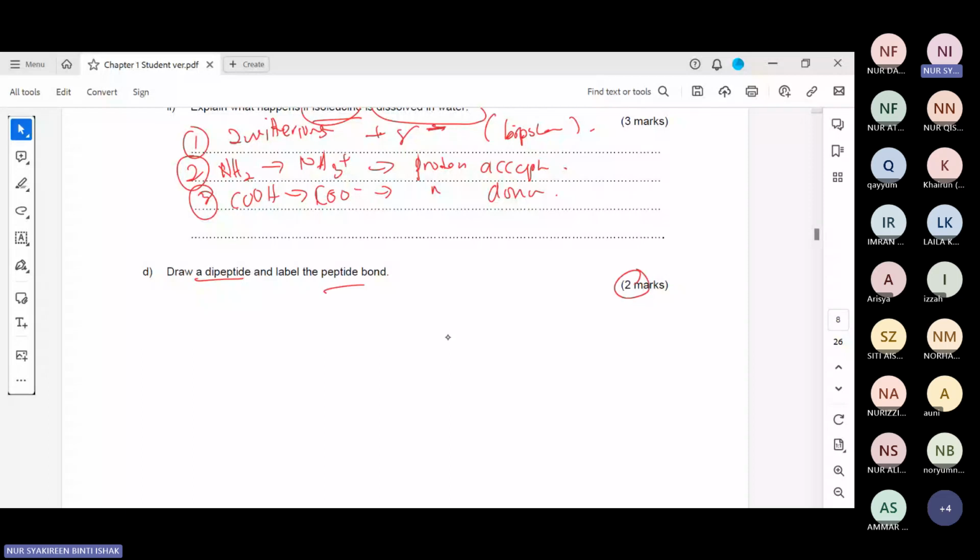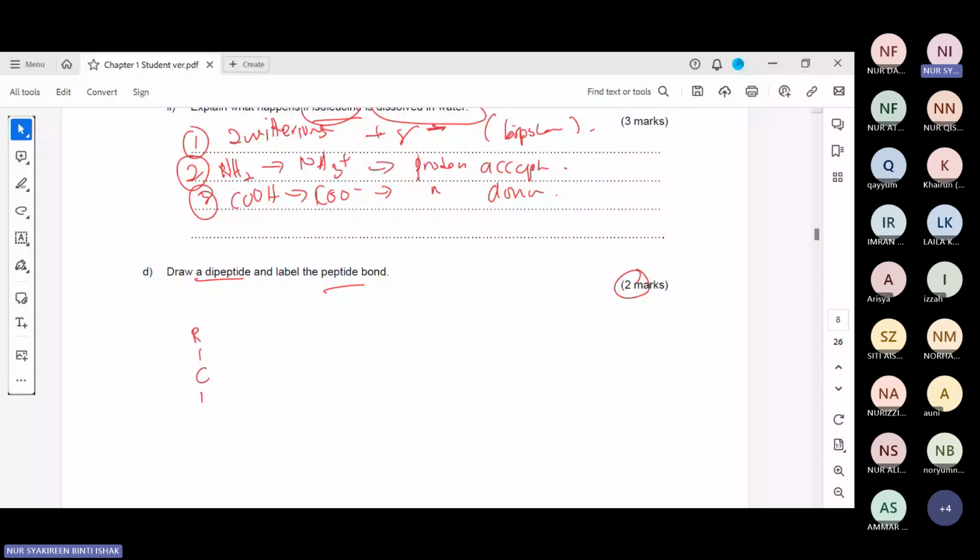So first you have to draw a molecule of an amino acid. We have a chiral carbon bonded to a side chain. I'll draw just the basic structure of an amino acid. So hydrogen, on this side we have the amino group, and on this side we have the carbonyl group.